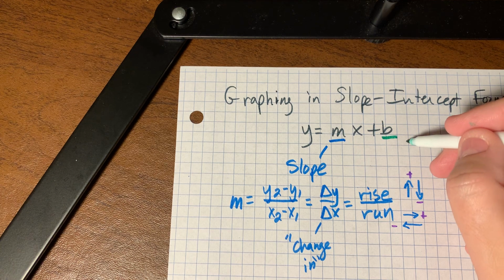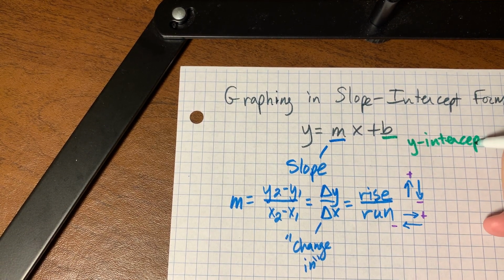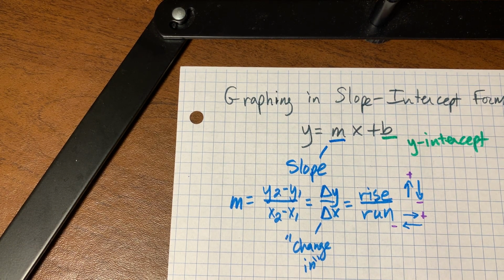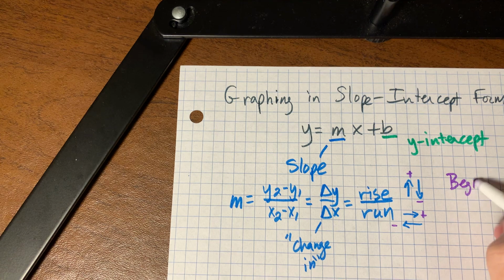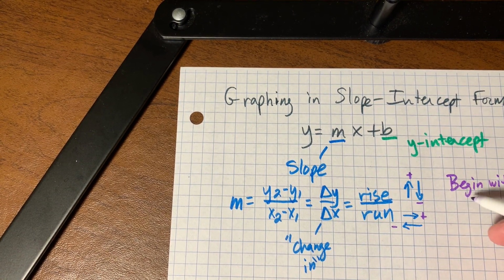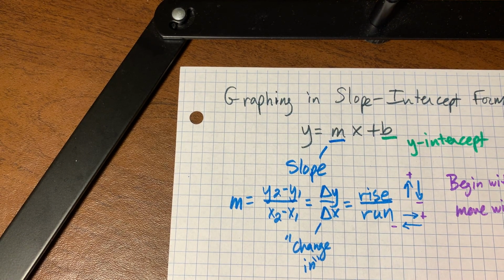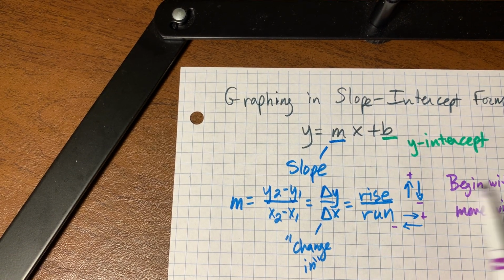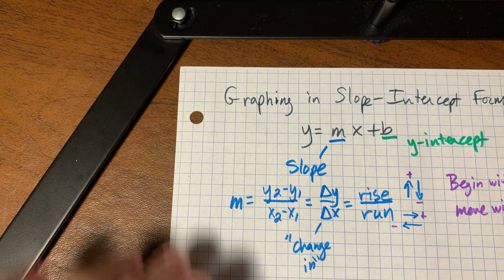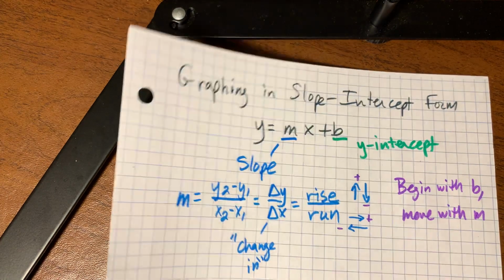This is your y-intercept. When you are graphing in slope-intercept form, you want to begin with b and then move with m. So begin b, move m.